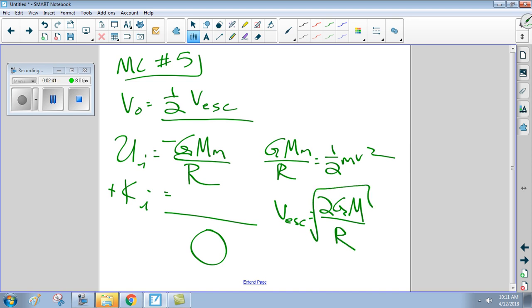I thought of it a different way: what's your initial energy and then your final energy. Your initial energy on the Earth is GMm over R, because you're not moving. But when you're away from the Earth and gone, you just have kinetic energy.